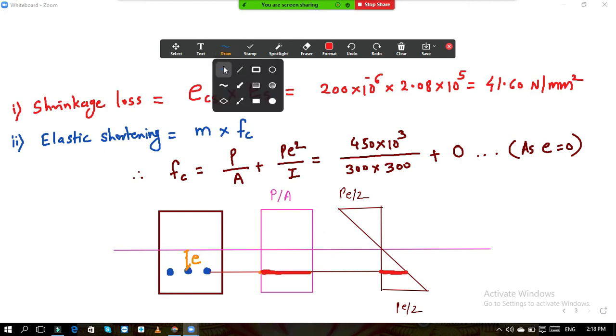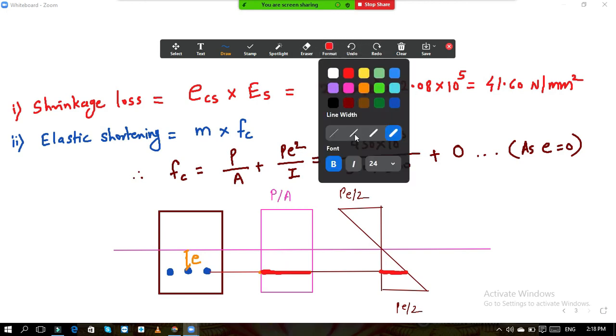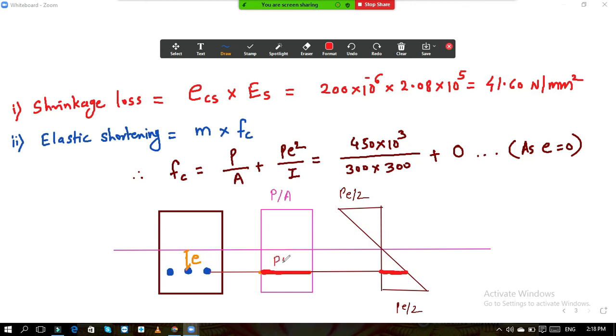So when you add these two, suppose now this is P by A, plus you need to find out this value. How are you going to find out this value? By using this triangle. For this much of depth, Pe by Z is the value. For this much of depth, how much is this value?